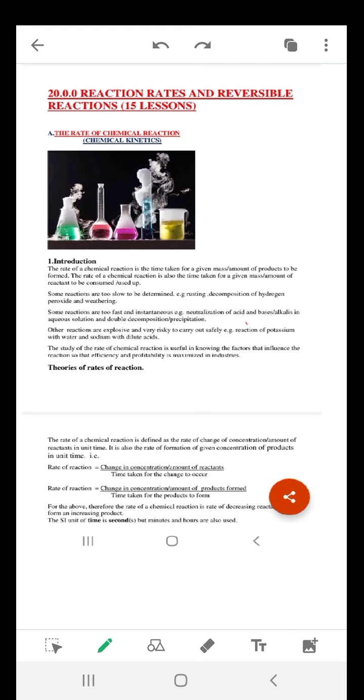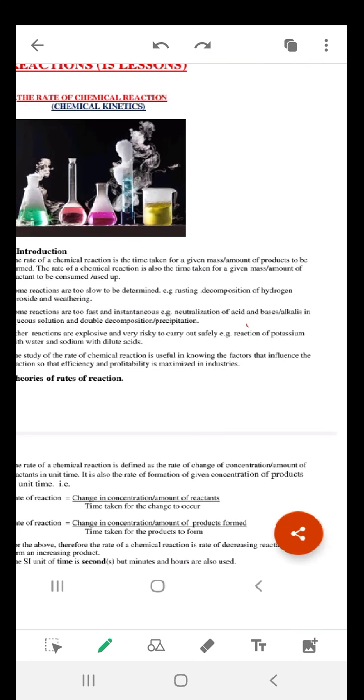We learned in Form 2 what a chemical reaction is. A chemical reaction involves converting reactants into products. So when we look at how fast these reactants can be converted into products, we call it the rate of reaction. We can also define the rate of reaction as the time taken for a given amount of products to be formed.